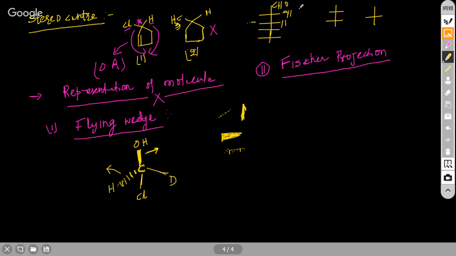Now, what is the meaning of Fischer projection? First of all, if I take one example, suppose here we have CH2OH. This is hydrogen. This is chlorine. And this is methyl, CH3.